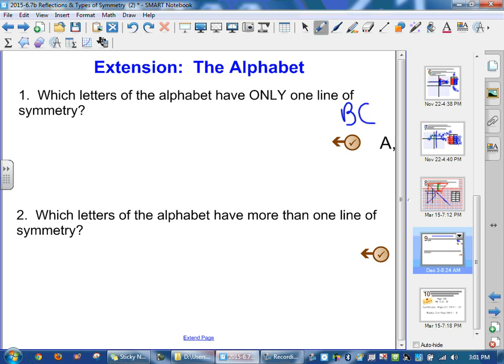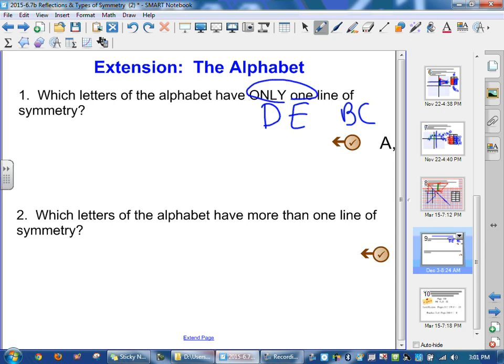E. F. No. G. No. H. H has two lines of symmetry. We only want one line. A does. So we have A already. So A, B, C, D, E. F doesn't. G doesn't.